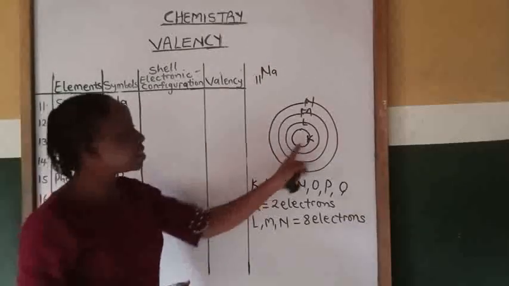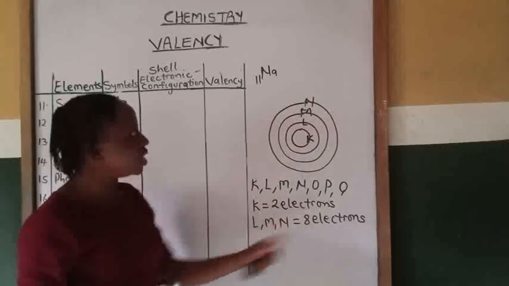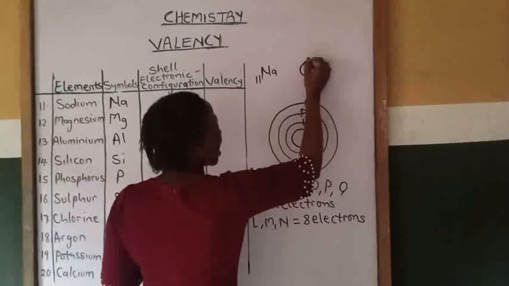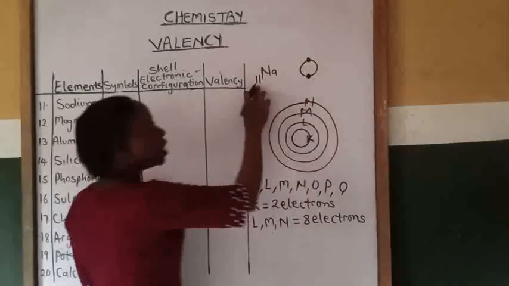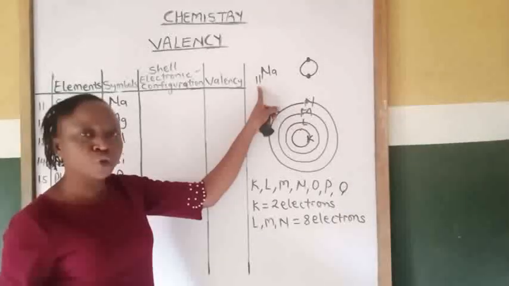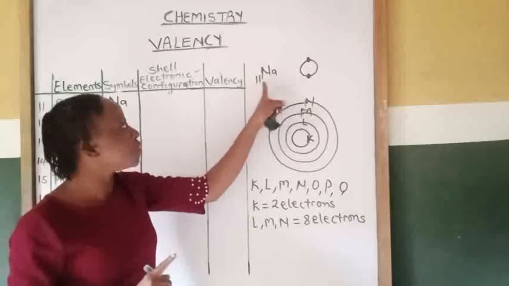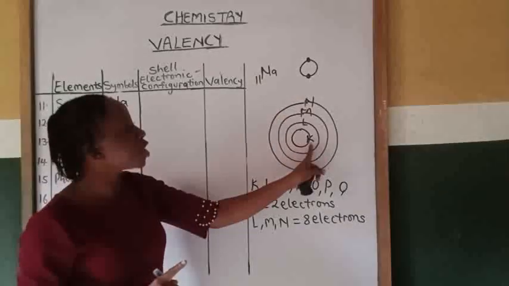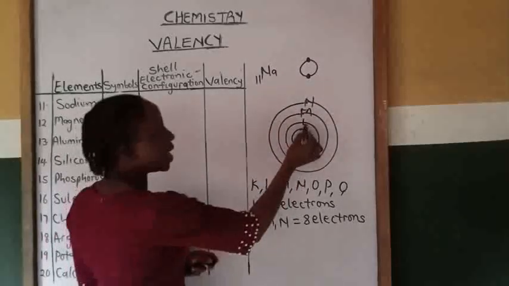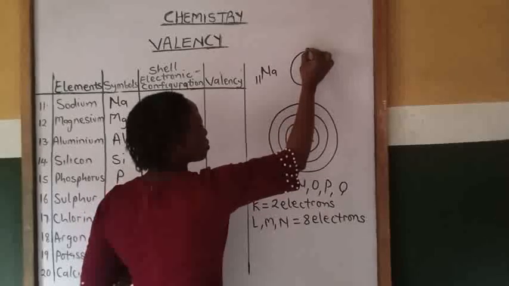We should not forget that the first shell, which is K shell, will not take more than 2 electrons. So the first shell will take 2 electrons out of 11 electrons, because the atomic number of sodium is 11, so the number of electrons is 11. The first shell will first take 2 electrons, then followed by L shell. L will take 8 electrons.